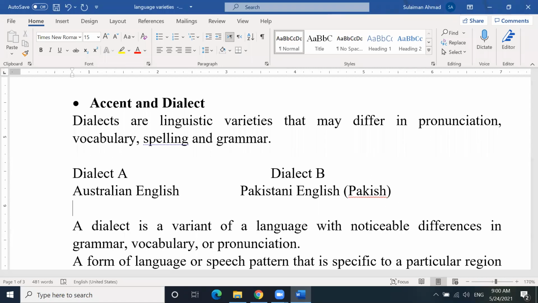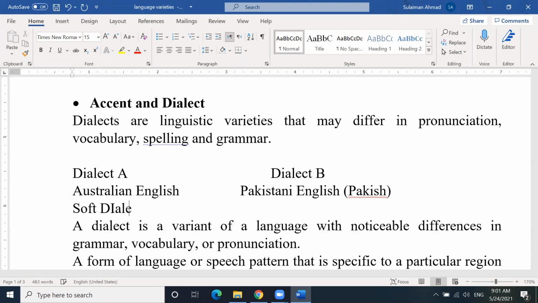Now, let's talk about Pashto. So we have got the Swati dialect, for example, and we have got the Bunu dialect or Karak dialect, right? Let's talk about the soft and hard dialect.